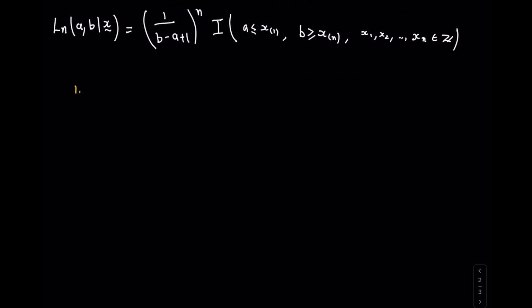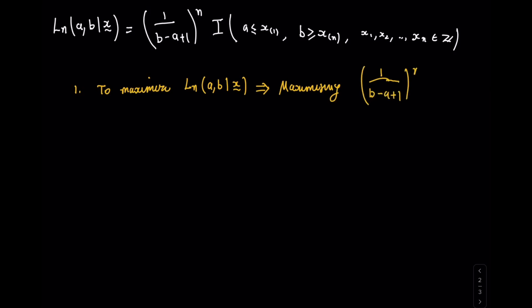One note is to maximize the likelihood function, L(a, b given x tilde), this is the equivalent of maximizing the first component, 1 on (b minus a plus 1) to the power of n, which, if you want to remember, will end up being a fraction.